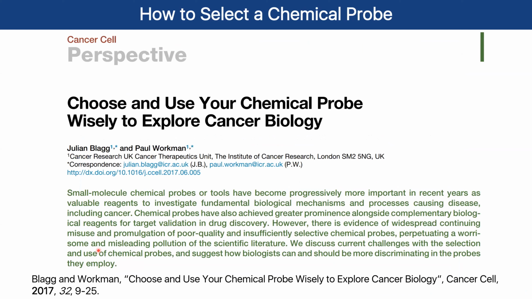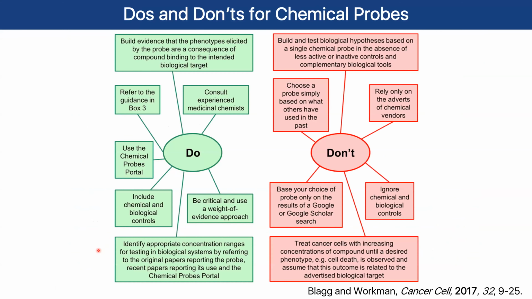This is actually a very good review. I really like it, written by Black and Workman. It's called Choose and Use Your Chemical Probe Wisely to Explore Cancer Biology. But the concept here can definitely be applied to other research too. So they give you a list of do's and don'ts. And so, I mean, they're a part of this chemical probes portal.